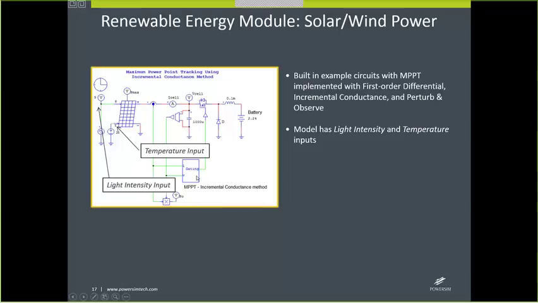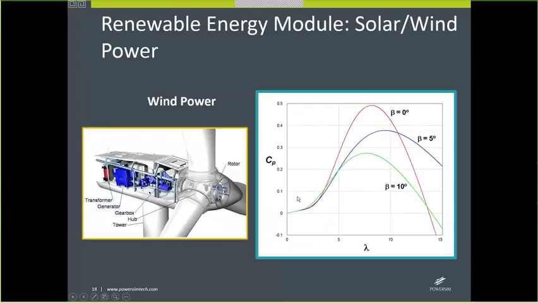This has an MPPT algorithm with incremental conductance. In the example library, there's a first order differential, the incremental conductance, and a perturb and observe MPPT algorithm that you can use in your own simulations. You can open these up and look at them once you purchase, so those are available to you.